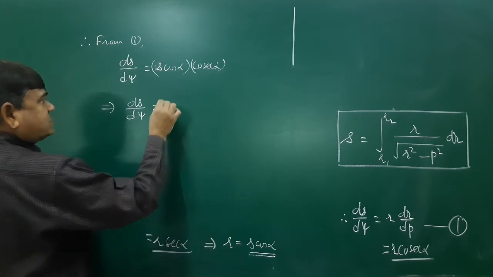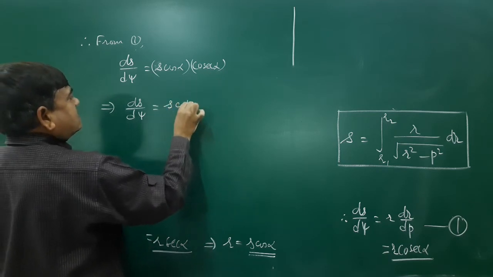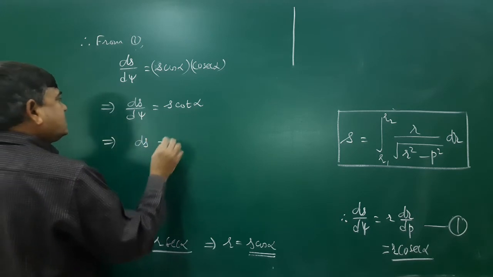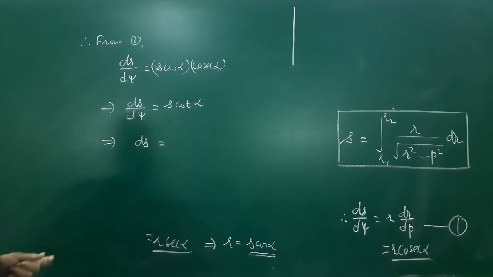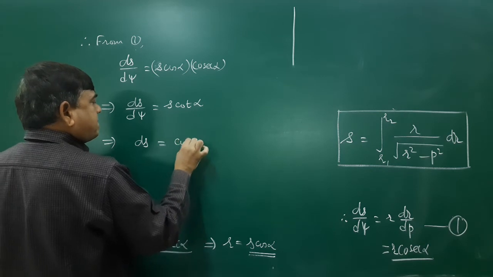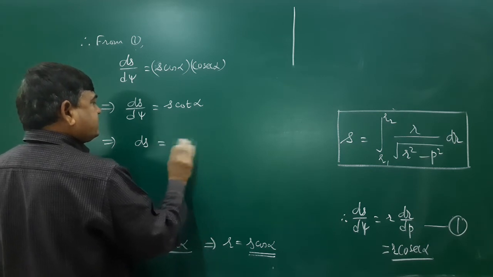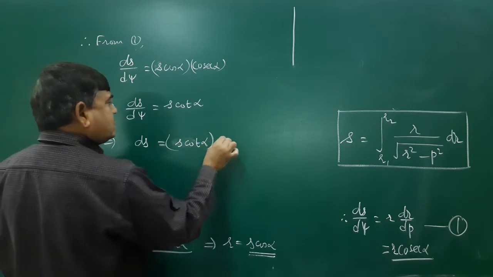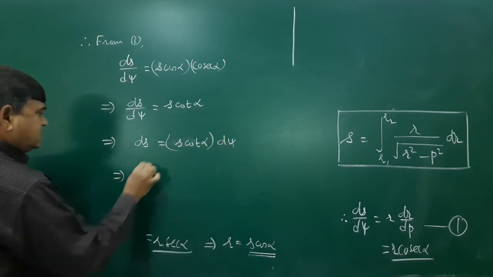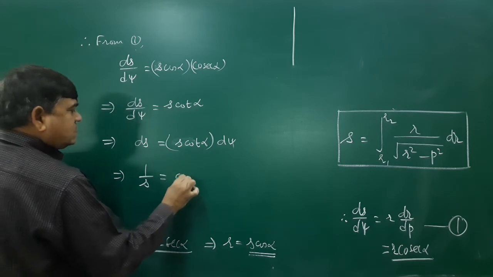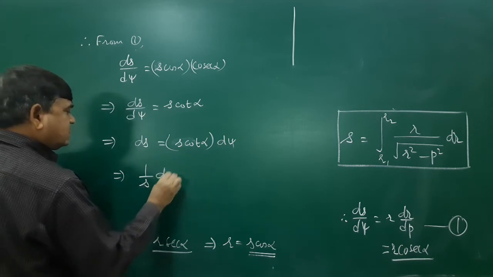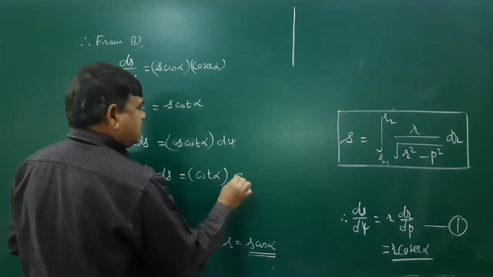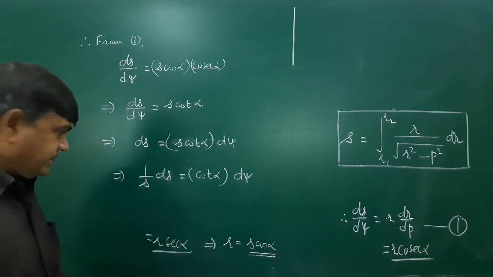Cos upon sin is cot, so it is s cot alpha. This implies, dividing, 1 upon s ds equals cot alpha d psi, since cot alpha is constant.